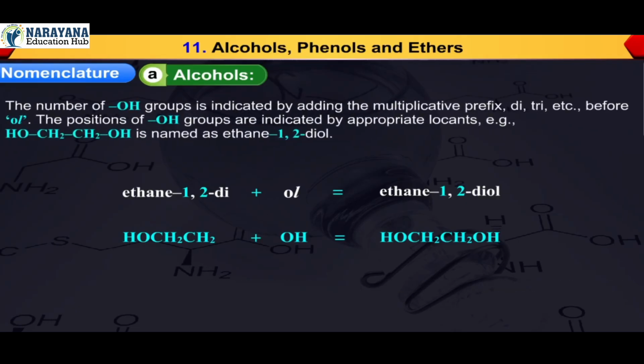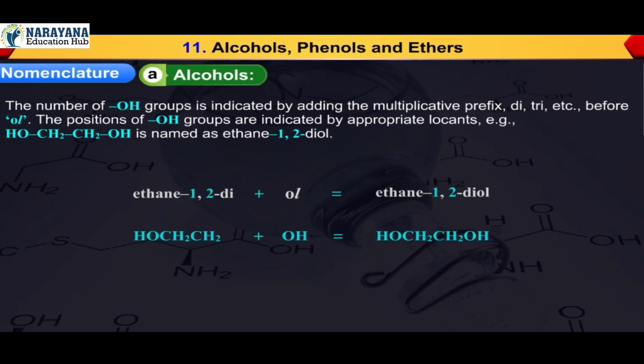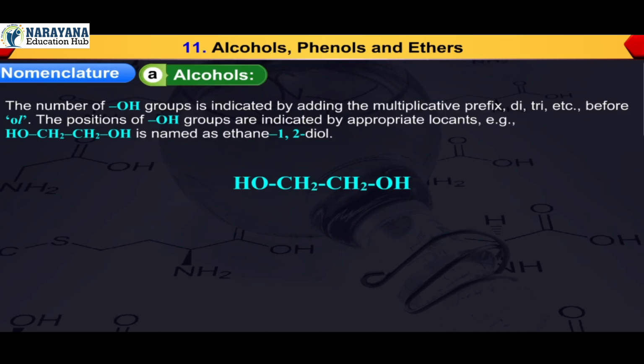The number of -OH groups is indicated by adding the multiplicative prefix di, tri, etc. before ol. The position of -OH groups are indicated by appropriate locants. For example, HOCH2CH2OH is named as ethane-1,2-diol.